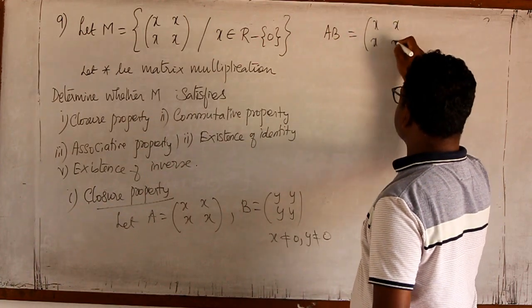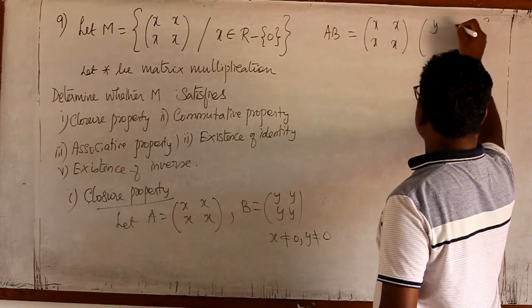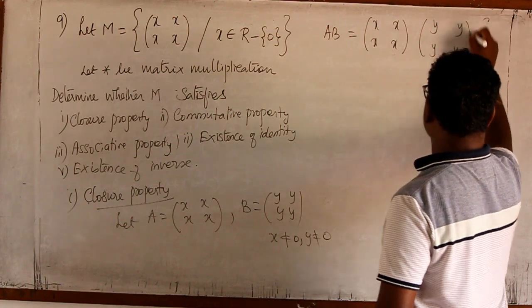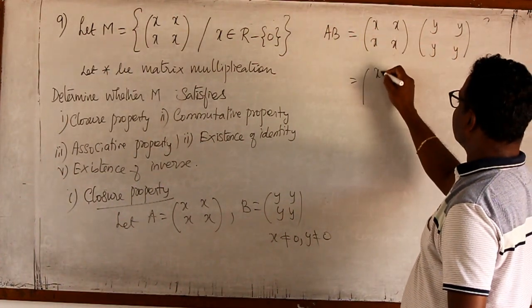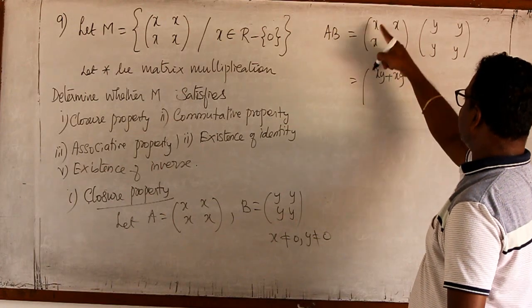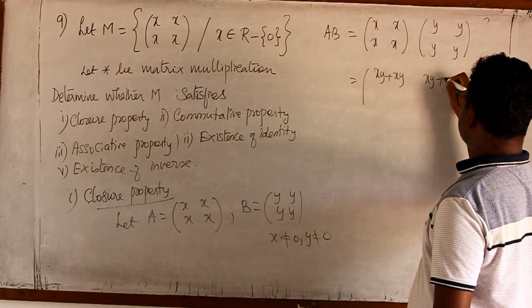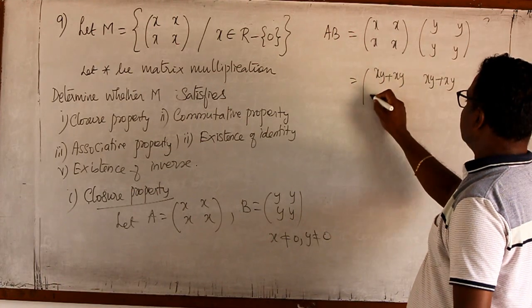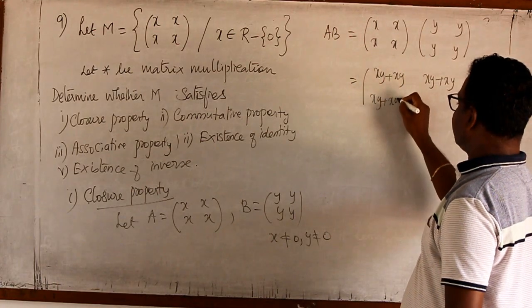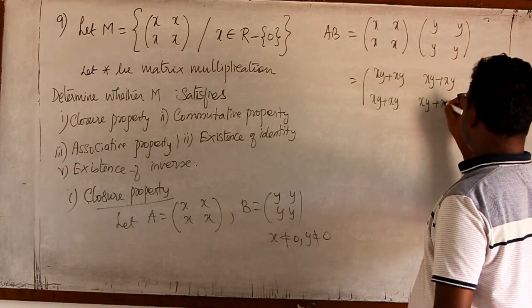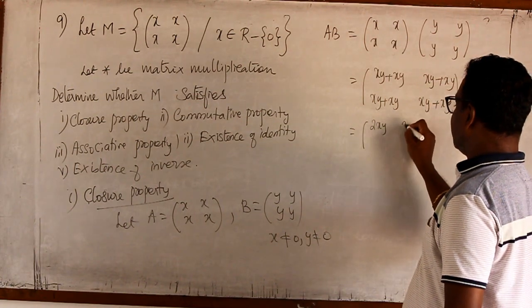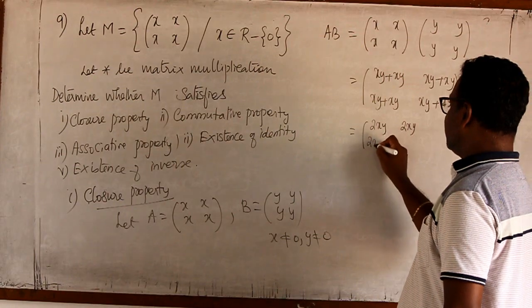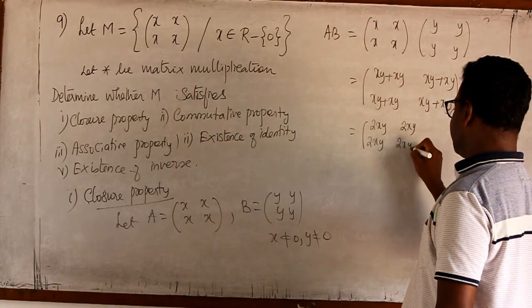When you multiply, it is xy plus xy, row into column. Similarly xy plus xy, then xy plus xy. It is 2xy, 2xy, 2xy, 2xy.